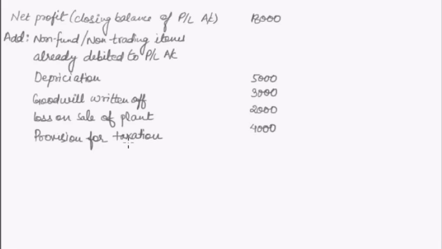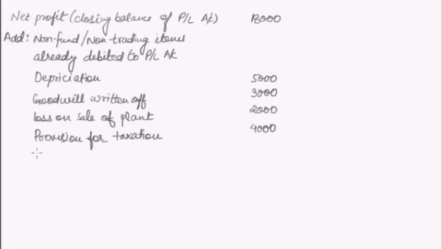So whenever you keep provision for taxation or provision for anything, and it may be called a current liability or appropriation from profit, you have to add it back to the net profit in order to calculate the fund from operation.